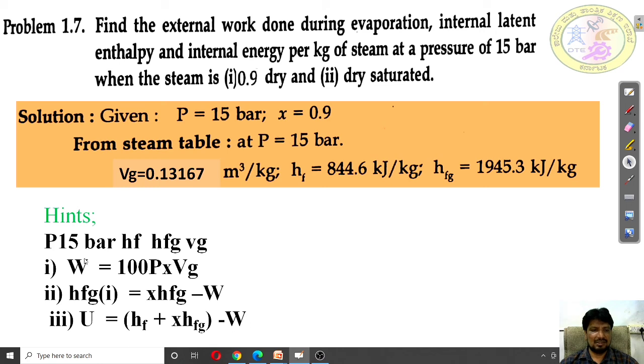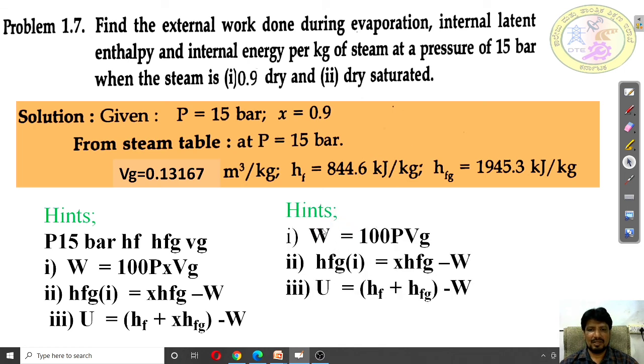So here there are three quantities you have to calculate. Similarly, for the second condition, when it is a dry steam, you have to calculate all the same three quantities. The work done during a dry steam is 100 P into Vg.